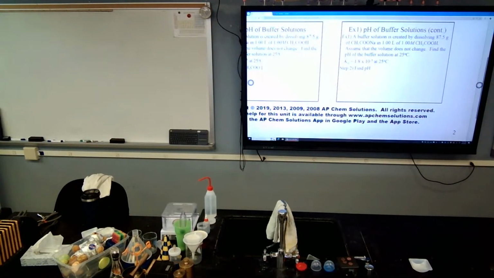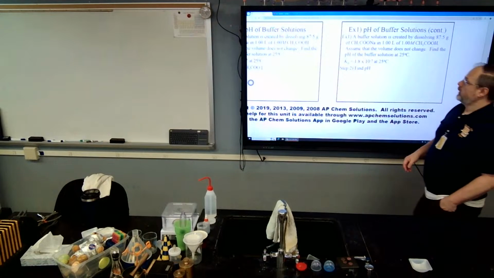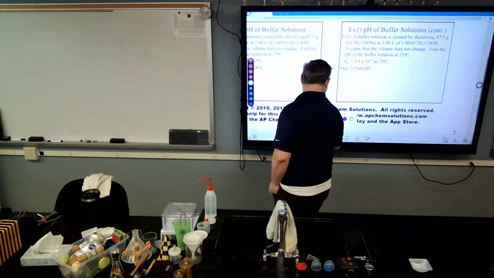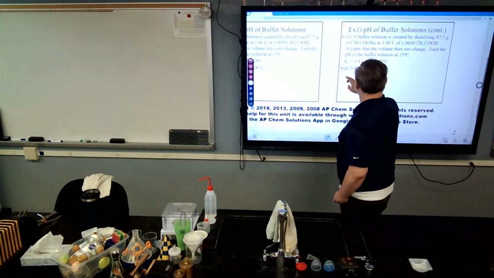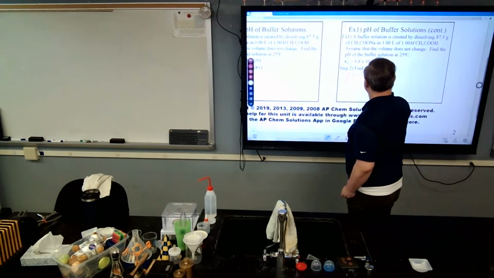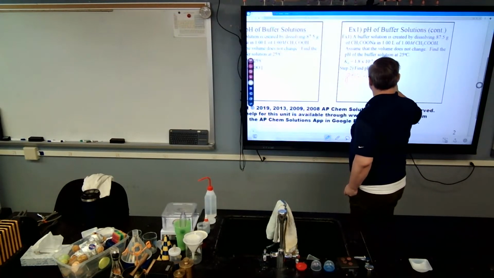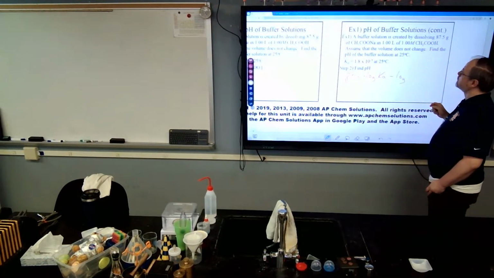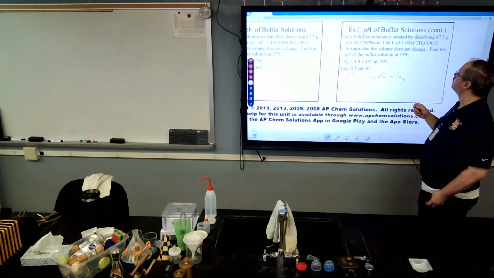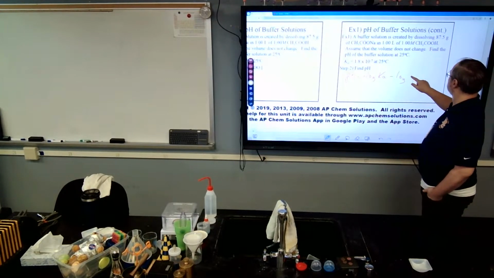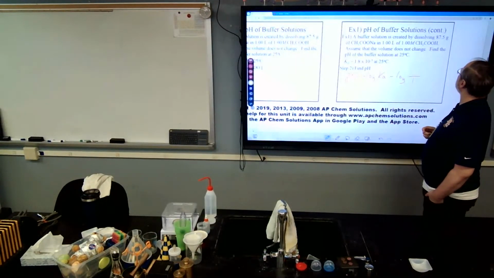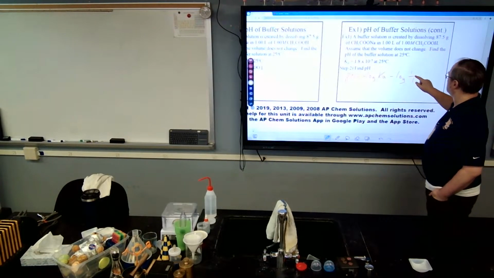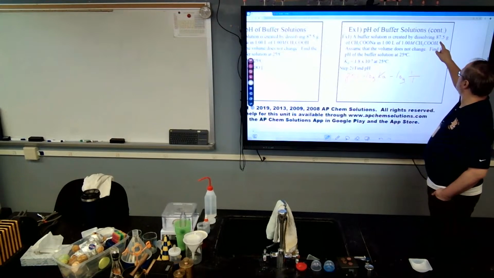Negative log of that, and then it's just minus the log of 1 over... How many moles of sodium acetate did we add? It's exactly 1 mole, like 1.00.